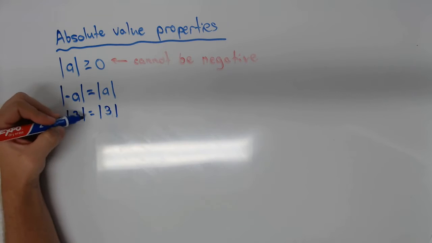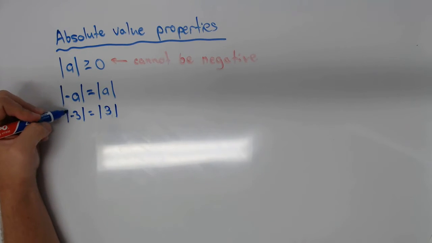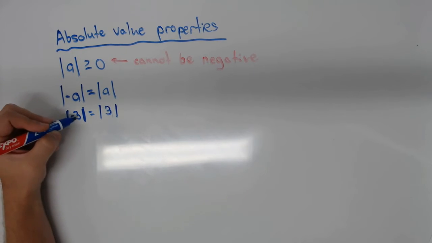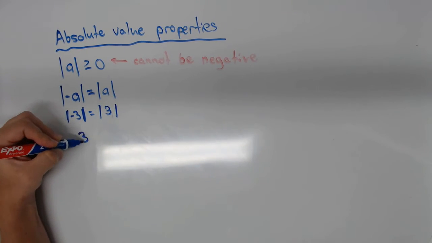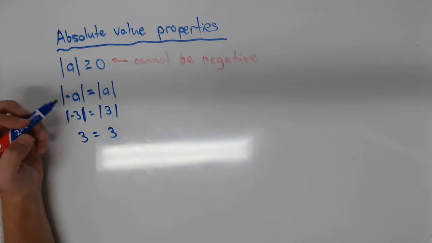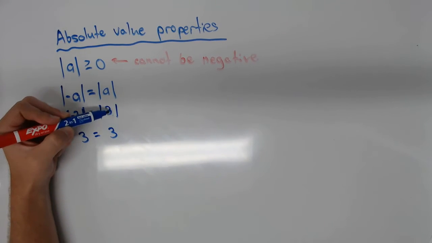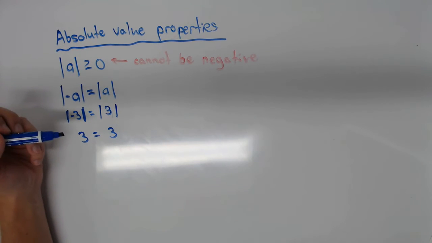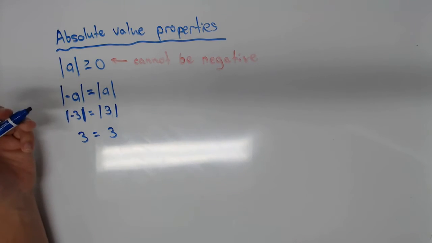So if I were to use algebra, what these bars do is once I have everything inside simplified, so this is just a number, it gets rid of the negative if there is one. So this becomes a positive 3, this stays a positive 3, and they match. So absolute value's purpose is saying I just want the sheer value of the number.